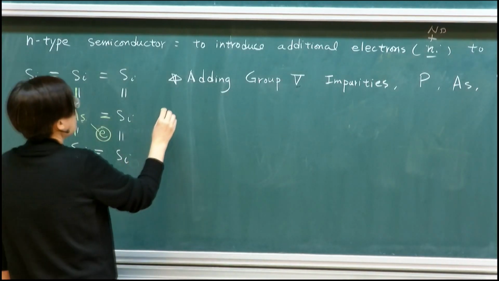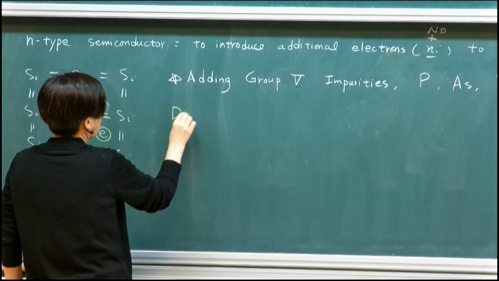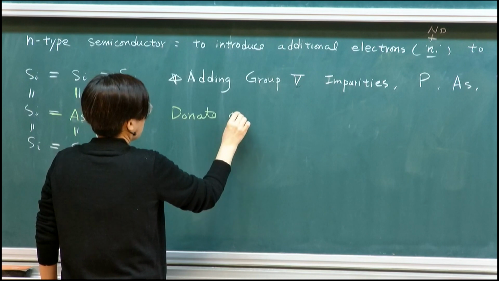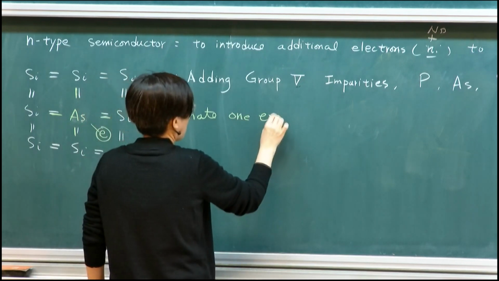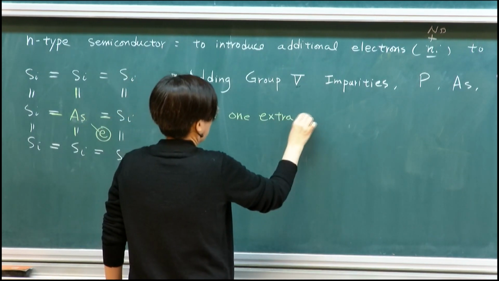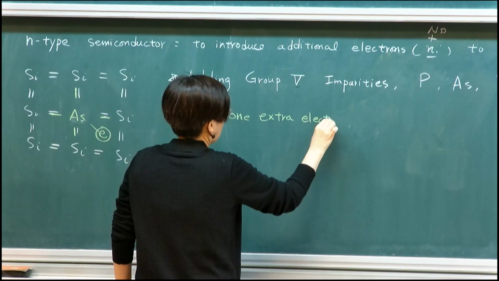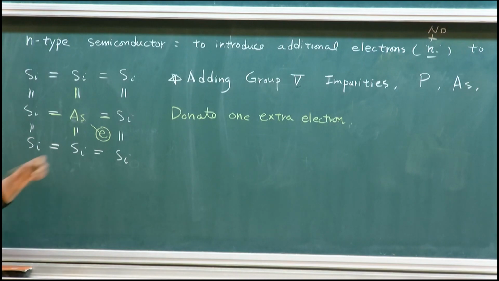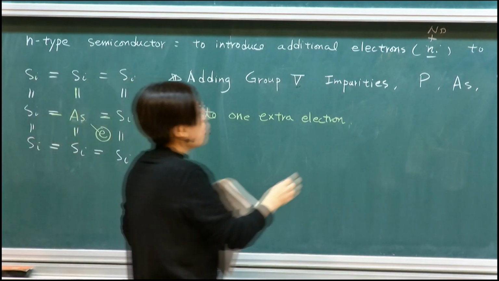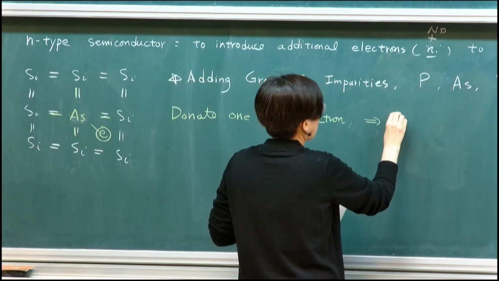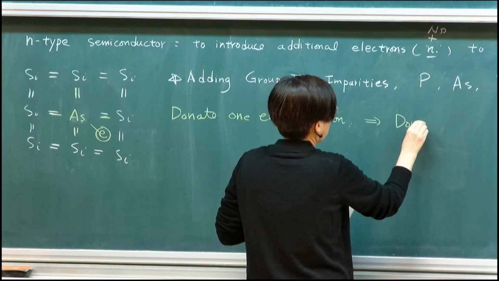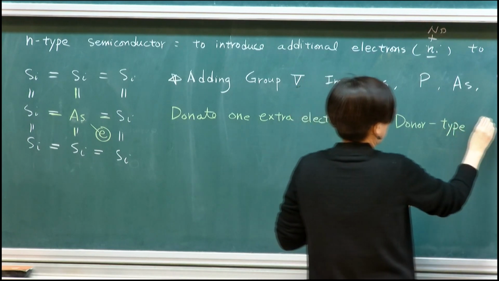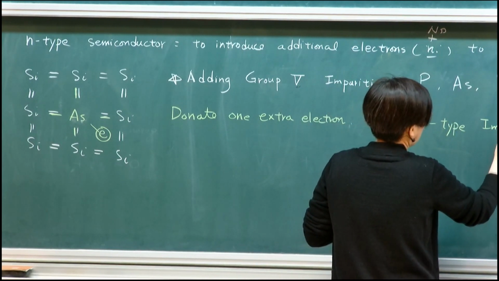So then what happens is that it will donate 1 extra electron to the system. If I introduce one donor, it will introduce 1 extra electron. Therefore, it's referred to as a donor type impurity, or donor.